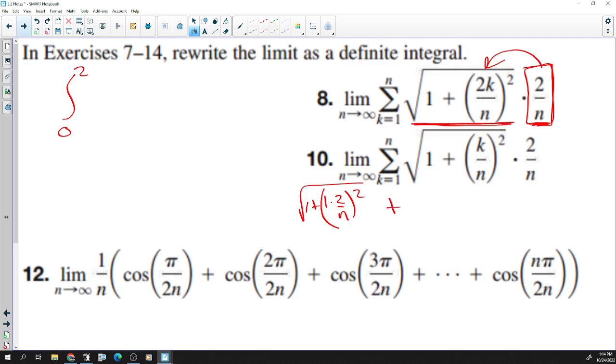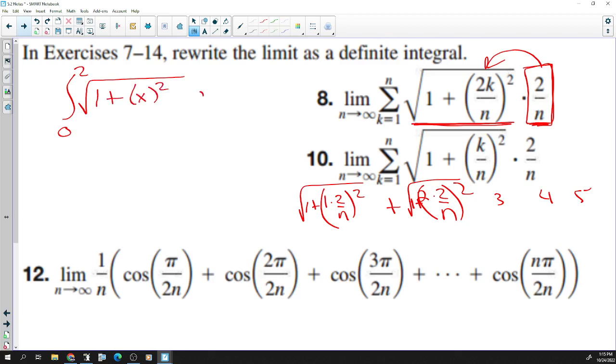And then we'd have the next 2 over n, and we'd have the function 1 plus this squared. And then we'd have the third and the fourth and the fifth and so on to however many rectangles we have. So the function is the square root of 1 plus x squared dx, because I'd plug in 2 over n every time.